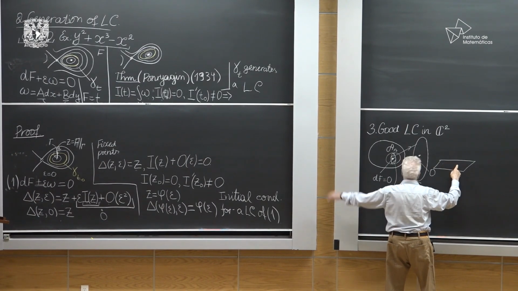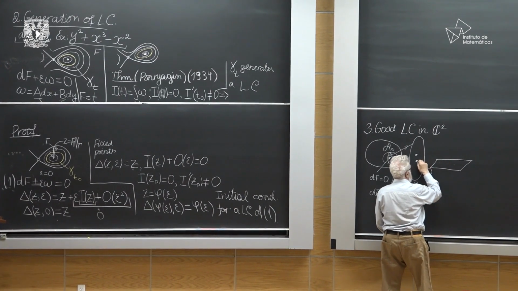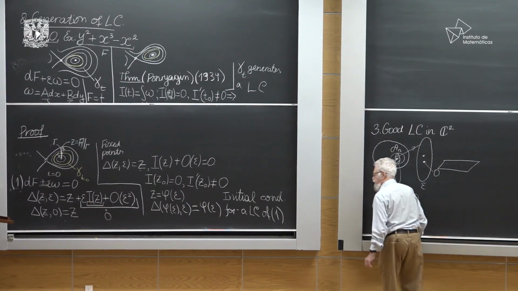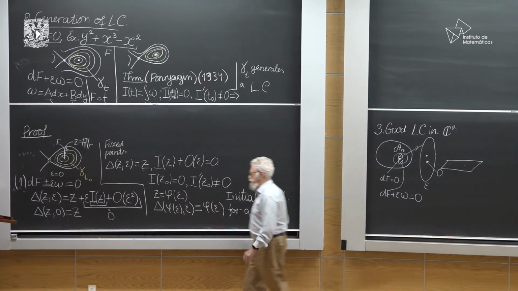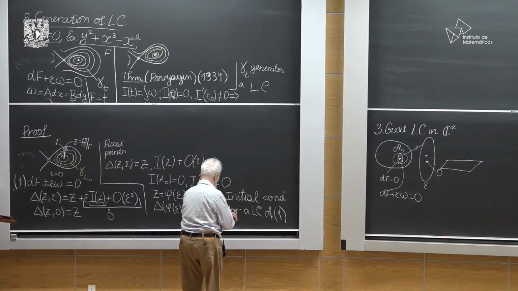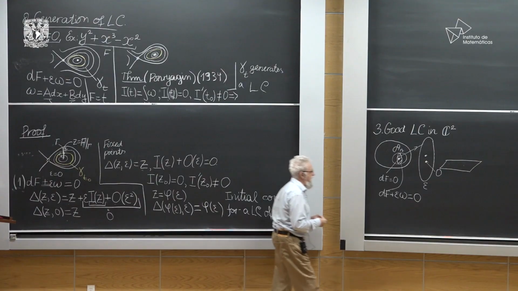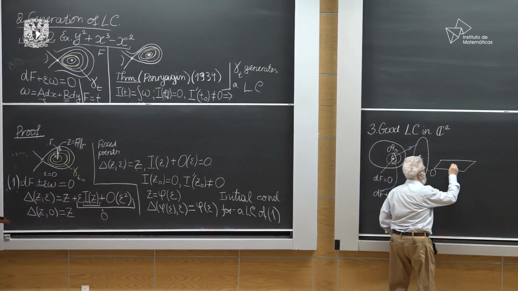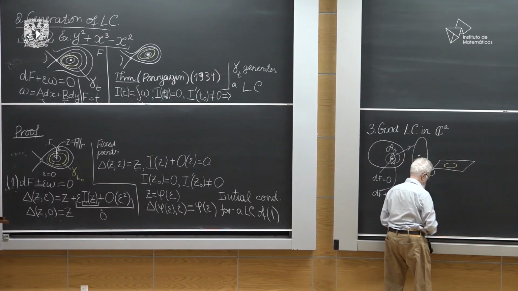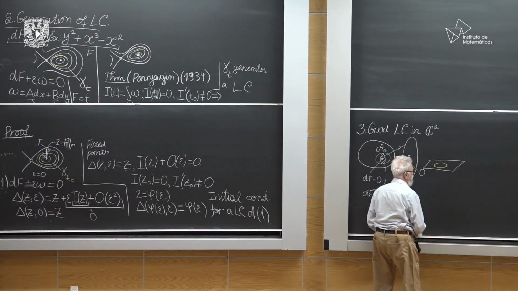This is the xy plane, and for this picture, for epsilon equals 0, we have the yellow cycle and all the nearby orbits closed.